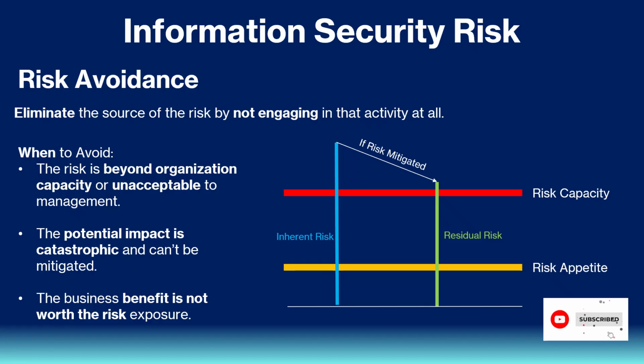If implementing a new system or launching a new project introduces risk that goes beyond the company's risk capacity, then even if the project promises great rewards, the potential damage from a risk being realized would be catastrophic, maybe even business ending. So instead of jumping into danger, the organization simply avoids proceeding with the project.